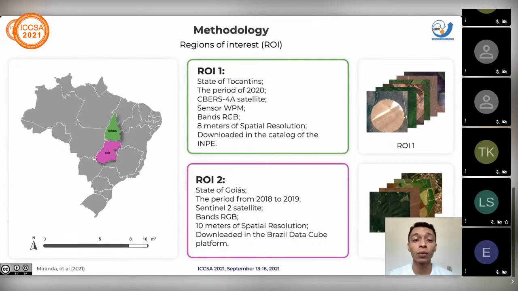In ROI2, we selected 5 images also with red, green, and blue bands with a spatial resolution of 10 meters by the Sentinel-2 satellite from the years 2018 to 2019.